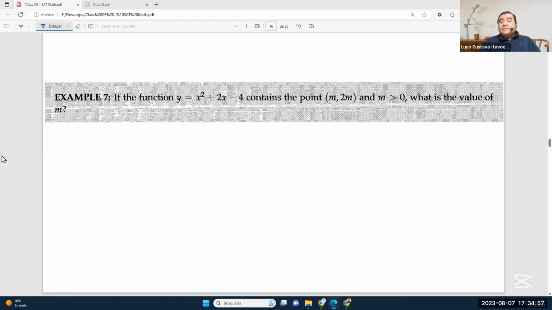So let's do that. Here, y corresponds to the output, that is f of x, so 2m equals x squared. The value of x is m. So m squared plus 2m, take away 4. We can notice instantly that these two terms can be canceled since this is a true equality.